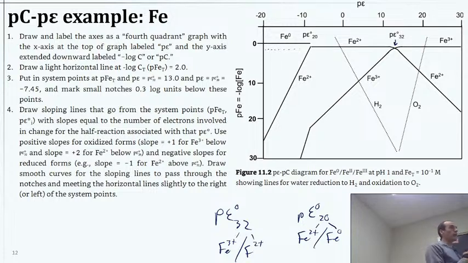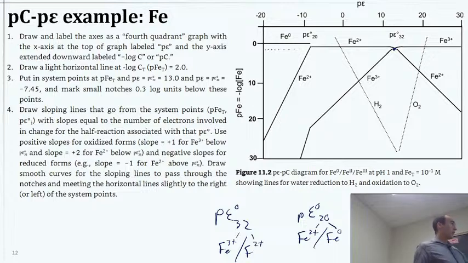On a log plot, that means we go down by about 0.3. So a small notch, about 0.3 log units lower. It's a little hard to draw that to scale, but that's the point.